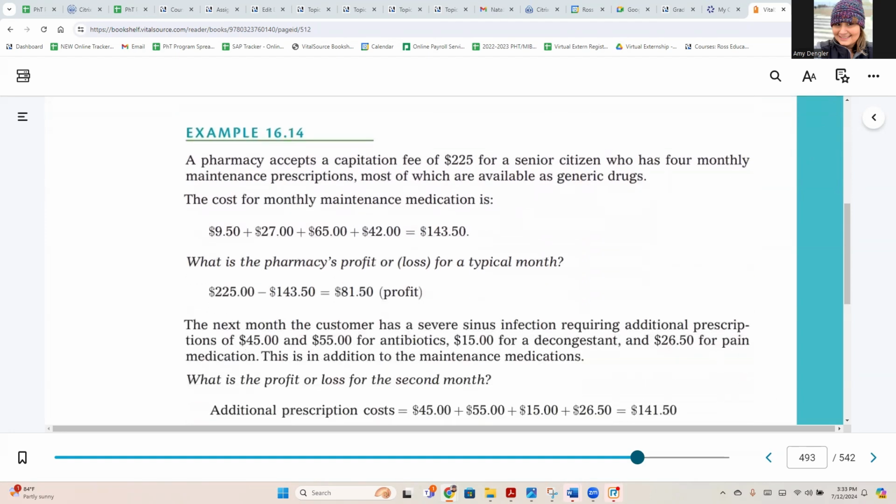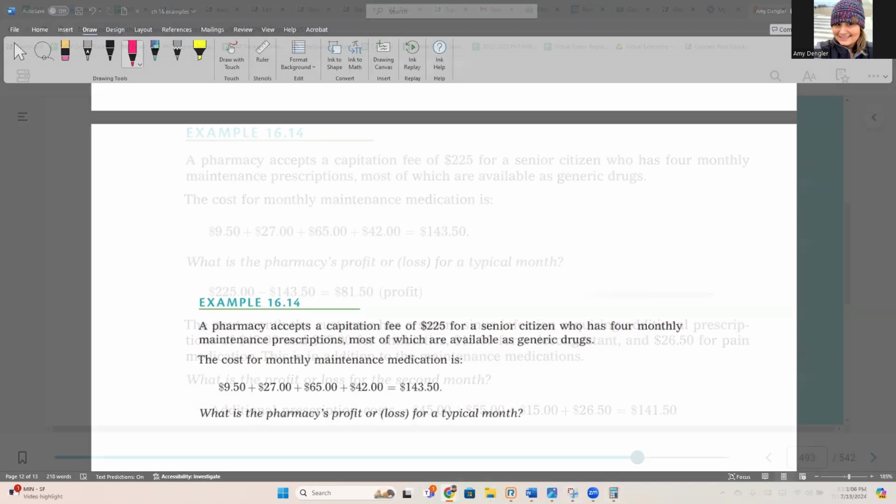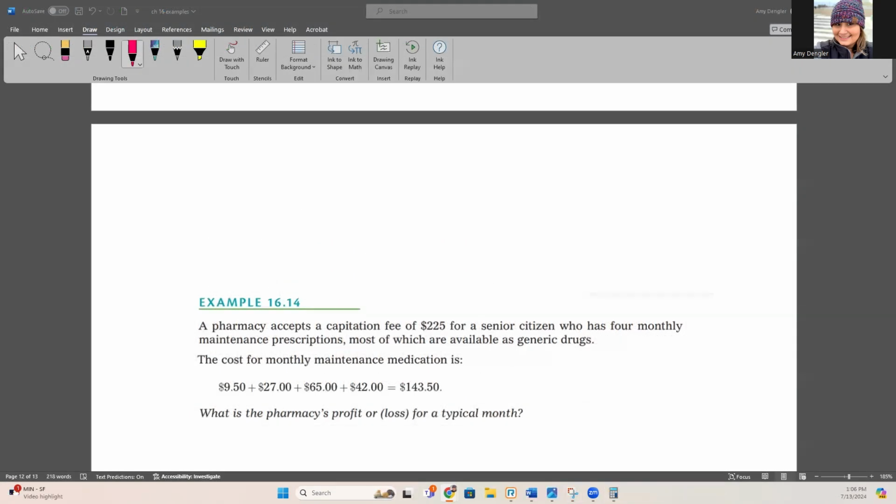And let's do example 16.14. Example 16.14, a pharmacy accepts a capitation fee of $225 for a senior citizen who has 4 monthly maintenance prescriptions, most of which are available as generic drugs. The cost for monthly maintenance medication is $9.50 plus $27 plus 65 plus $42, which gives us a grand total of $143.50. What is the pharmacy's profit or loss for a typical month?